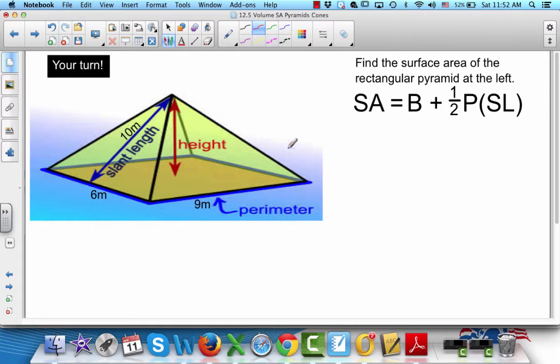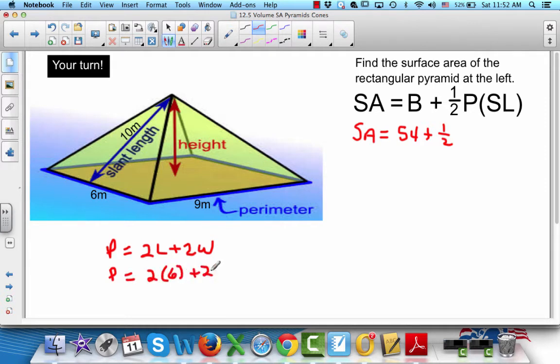Okay, so let's try this out. Surface area equals base, which is the area of the base down here, 6 times 9, which is 54, plus 1/2 perimeter, P. Remember, the perimeter of a rectangle is 2 times the length plus 2 times the width. So perimeter equals 2 times 6 plus 2 times 9, which is 12 plus 18, which is 30.